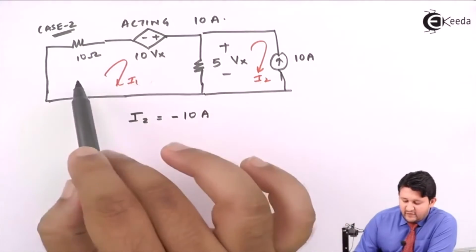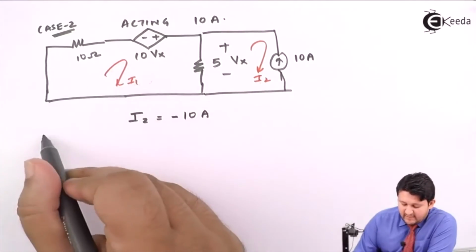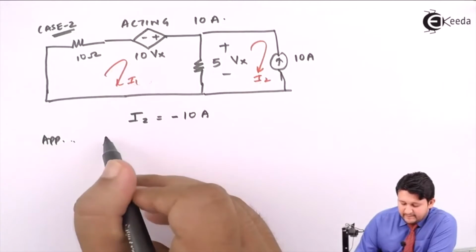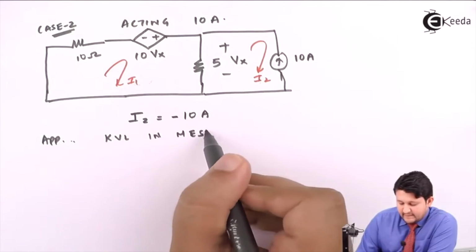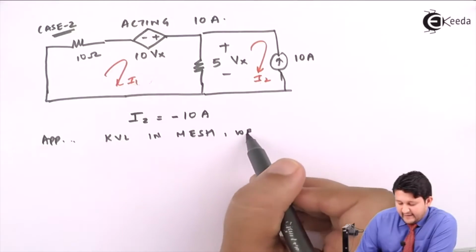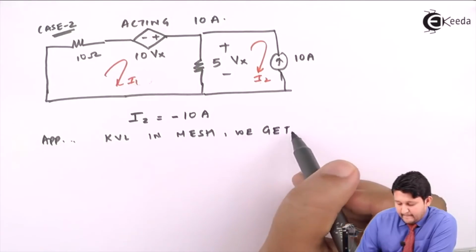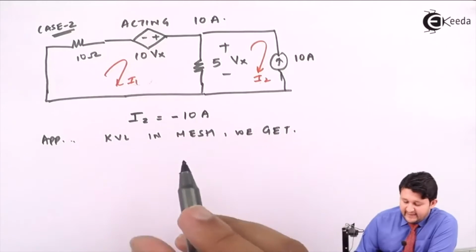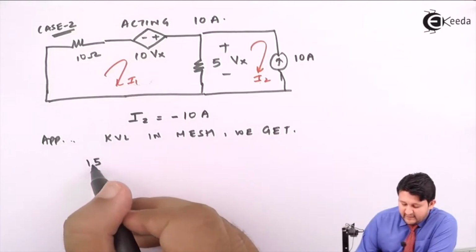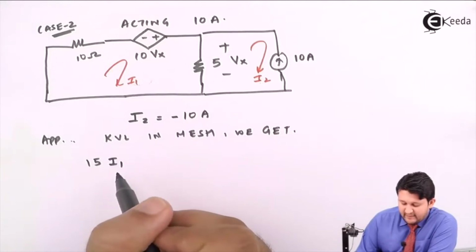Let's write the equation for this. So the statement will be the same. Applying KVL in mesh, we get: how many resistors can we see? To add them, it will be 50. Which current is flowing? I1.